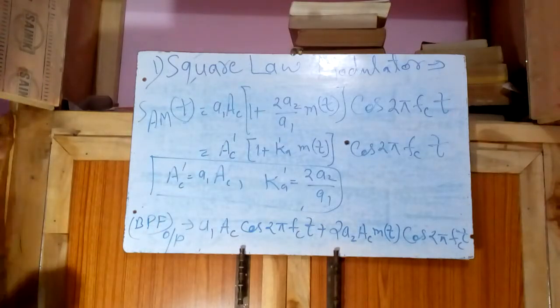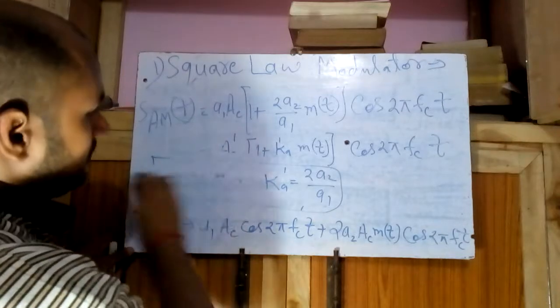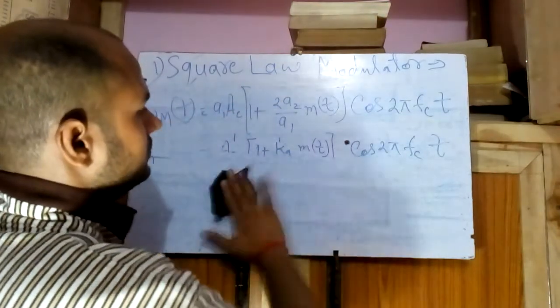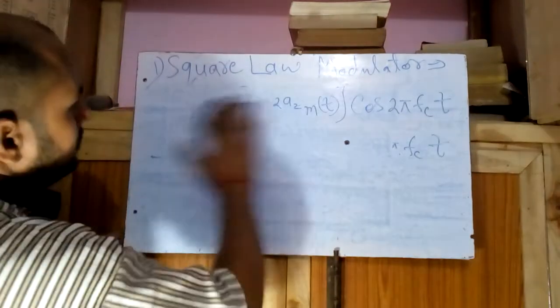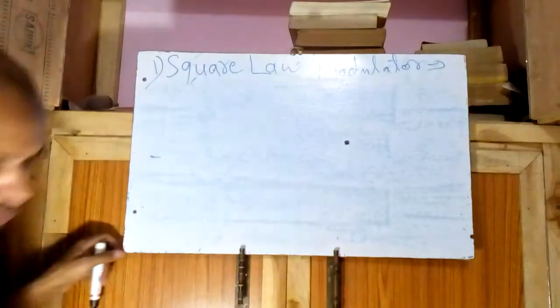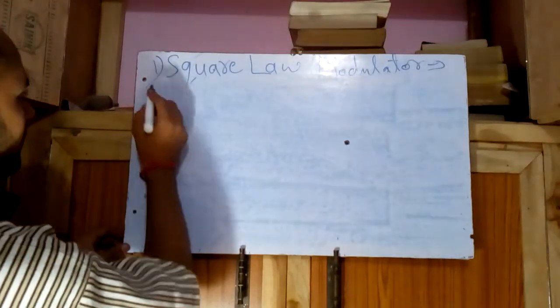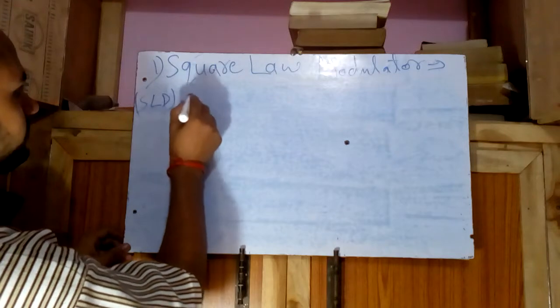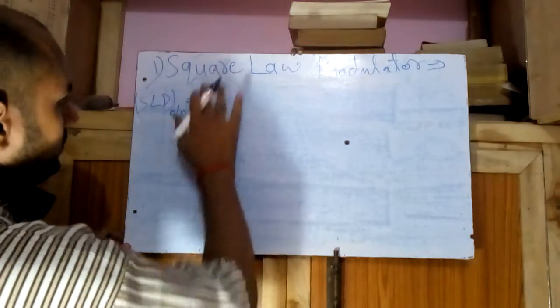Let's see the spectrum of the output of square law device. Square law device output was, what was?